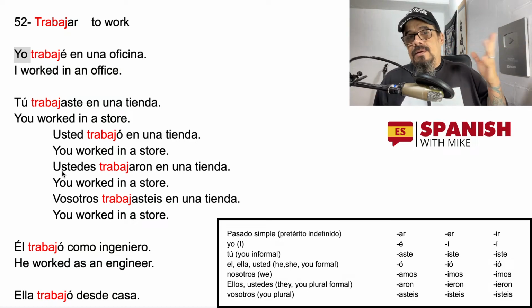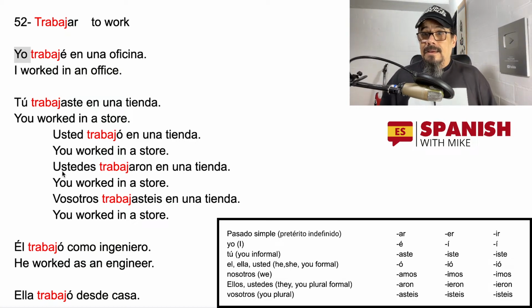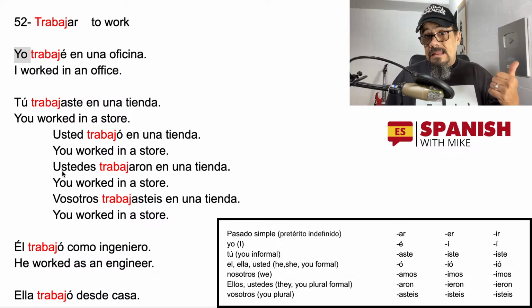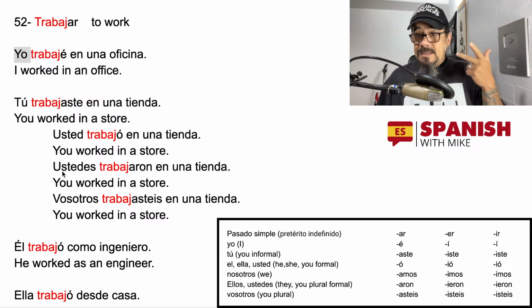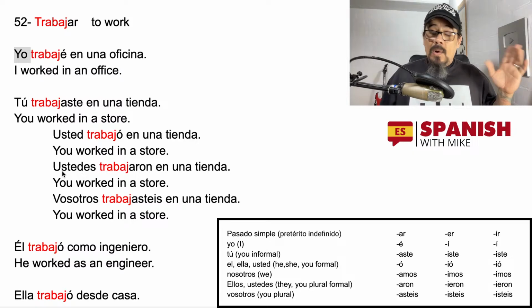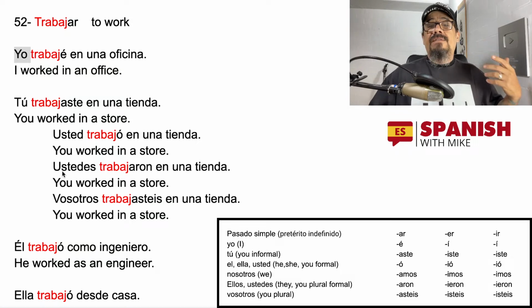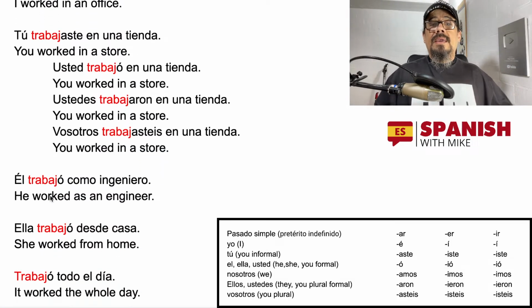Trabajaste. It's so clear that it's tú, so we don't have to say tú trabajaste. Trabajó can be usted, él, ella, so I need to put that one in context. But nonetheless, it's a different conjugation. So that's the reason why we do that.